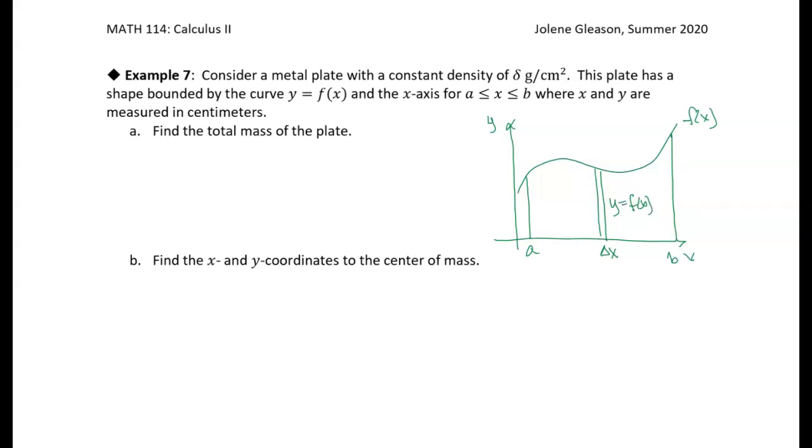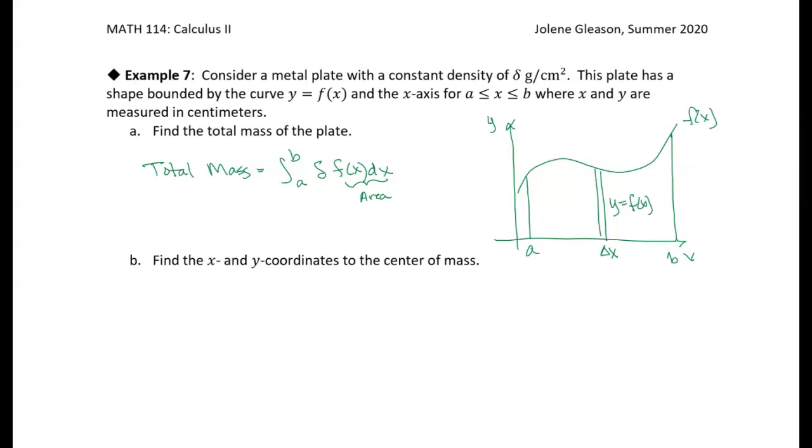And so the total mass is just equal to the integral from a to b of the density times f of x dx, because this f of x dx essentially represents the area of one slice. Then we take that times the density to get the mass, and then we're just adding up all the slices using an integral.